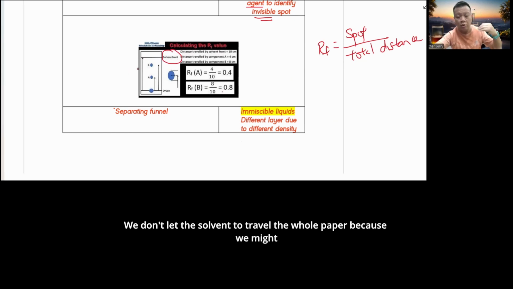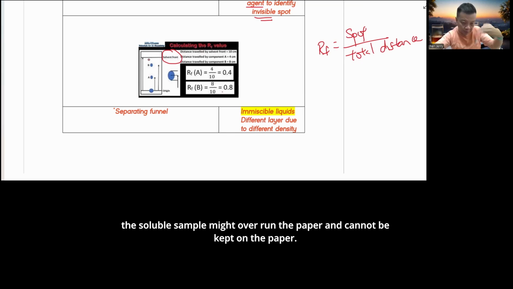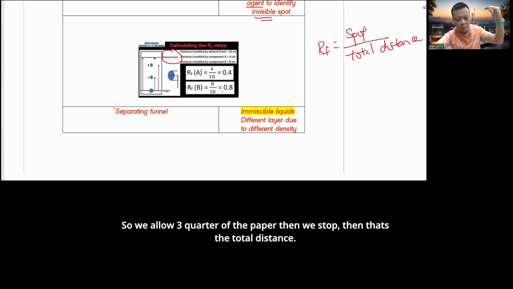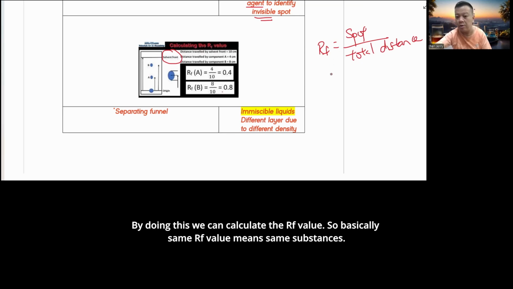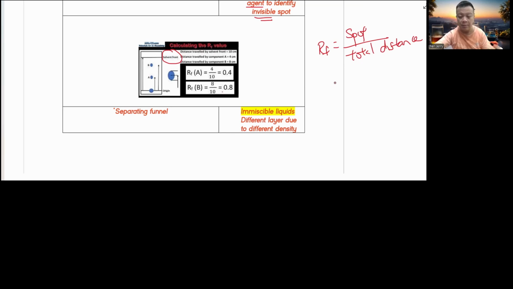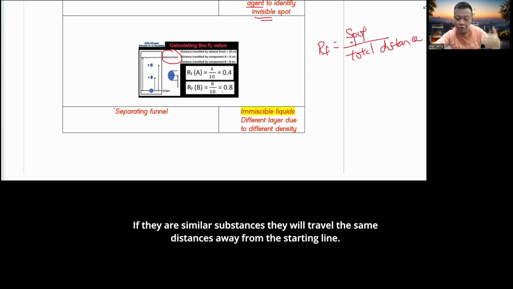We don't let the solvent travel the whole paper, because some of the soluble sample might overrun the paper and cannot be captured on it. So we allow it to go maybe three-quarters of the paper, then we stop. Then there's a total distance. By doing this, we can calculate the RF value. So basically, same RF value means same substances. If they're similar substances, they'll travel the same distance away from the starting line.